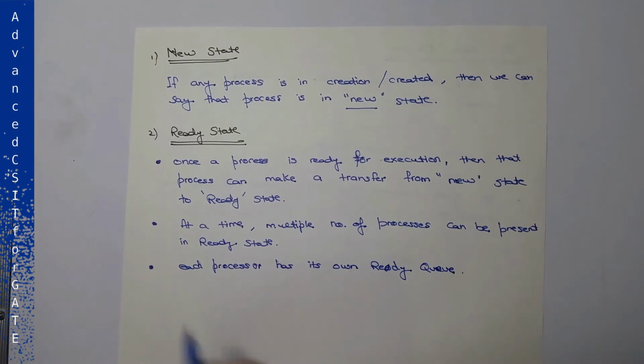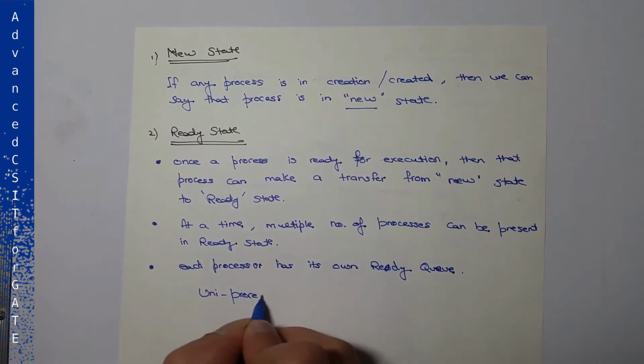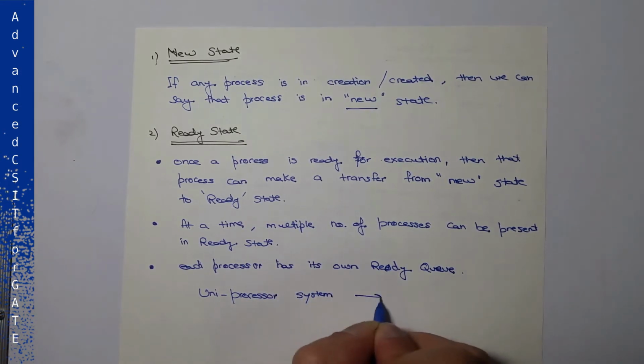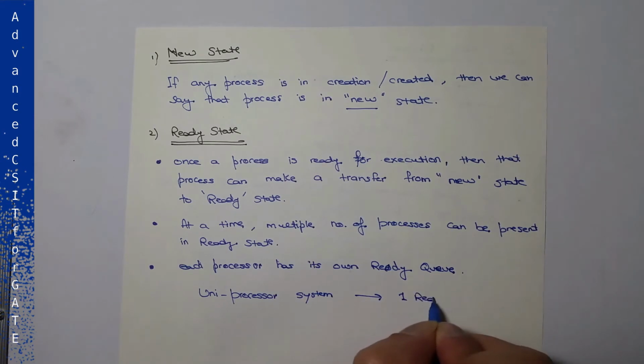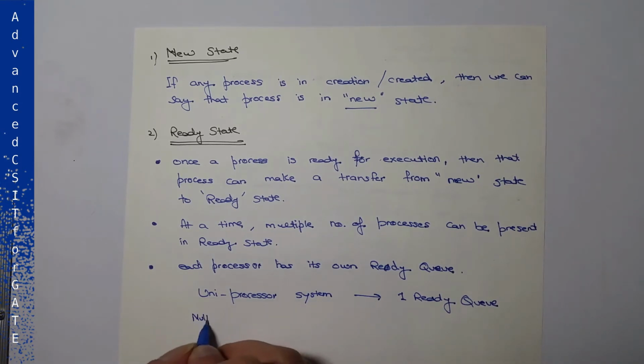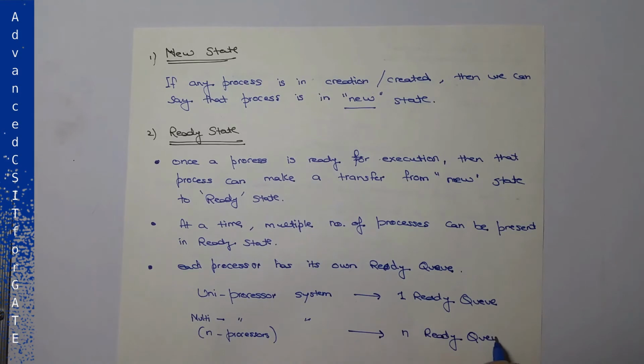So for example, if this is a uniprocessor system, then that would mean there is only one ready queue. And if it is a multiprocessor system, assume there are n processors, then it will have n ready queues.